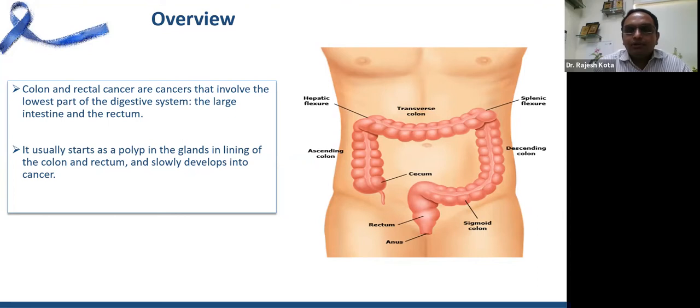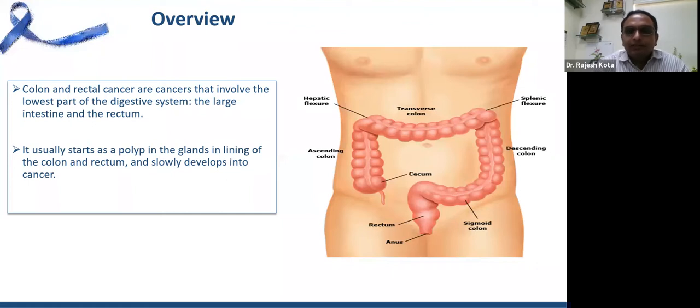From the mouth to the anal canal, we call it the gastrointestinal system or the digestive system. Among all these components, today we will be talking about the colon and the rectum, the lowest part of the digestive system.